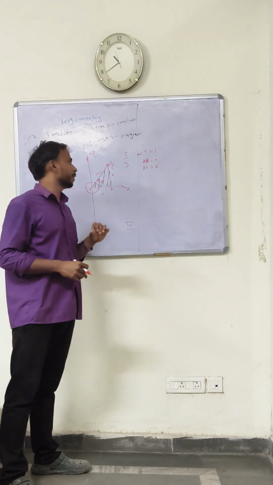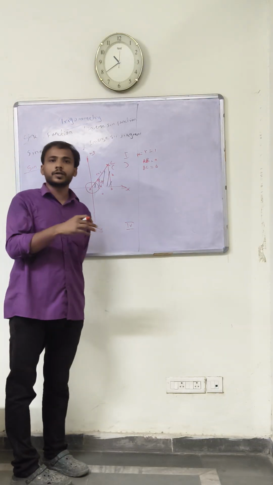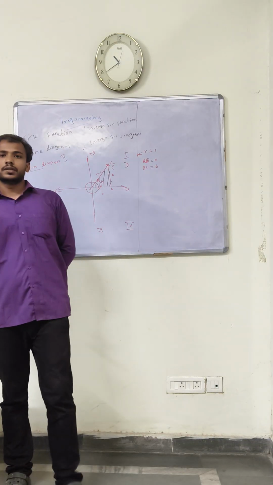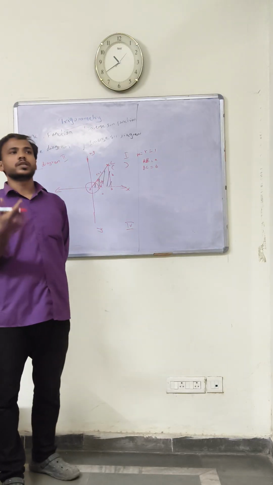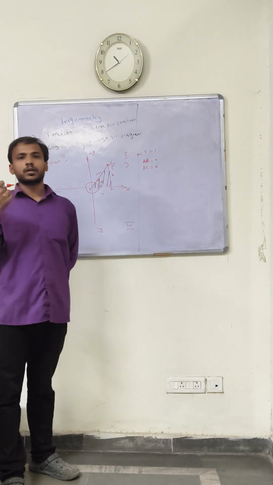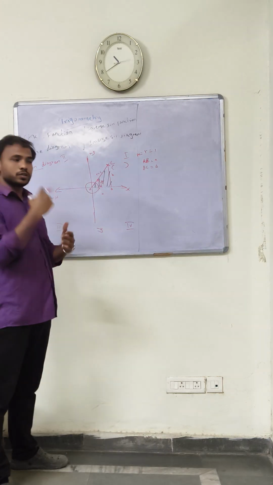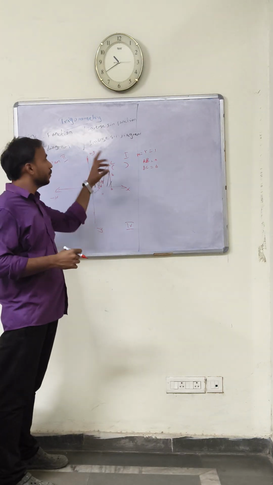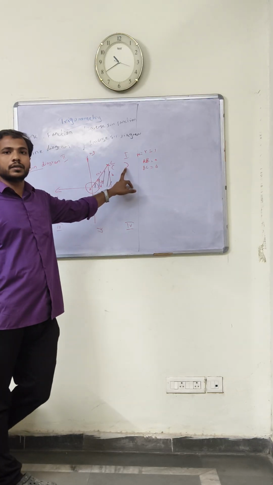How can we calculate AB and BC? So now you can apply the trigonometry functions. What are the trigonometry functions we have discussed before? Sin theta, cos theta, tan theta, cosecant theta, secant theta, cot theta. So many things we learned, right? Those trigonometry functions will be helpful to identify the coordinate.